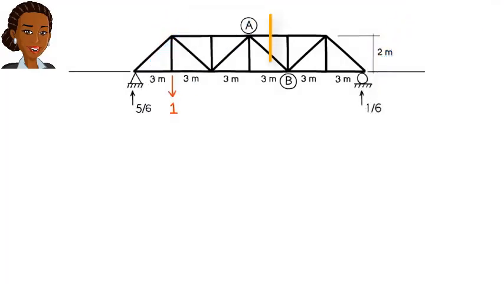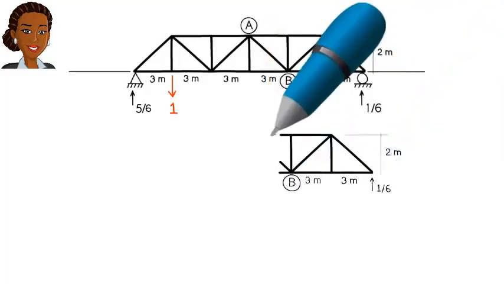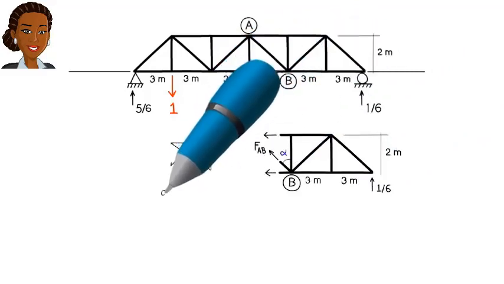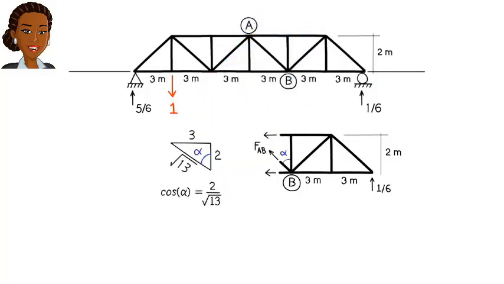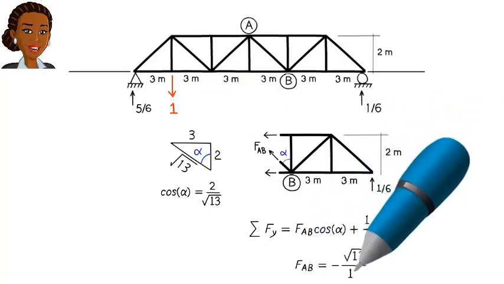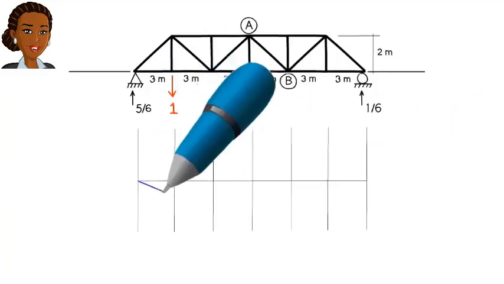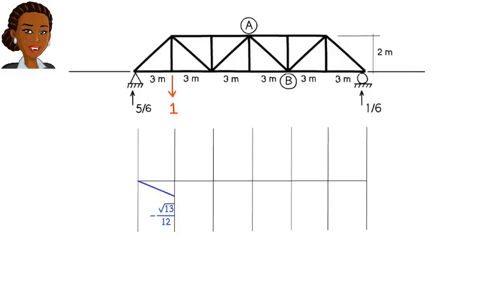Then, we cut the truss through member AB, draw the free body diagram for the right segment of the structure, and sum the forces in the y direction in order to determine the axial force in AB. We then plot this value as a point in our line graph and use a straight line to connect it to the starting point of the graph.